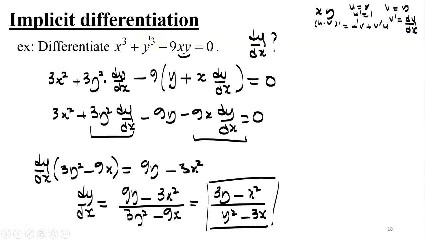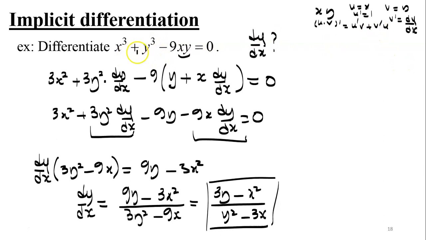So whenever you have an implicit equation that you need to find the gradient or the implicit derivative of, all you need to do is differentiate both sides with respect to x, keeping in mind that for the terms involving y, you need to apply the chain rule.